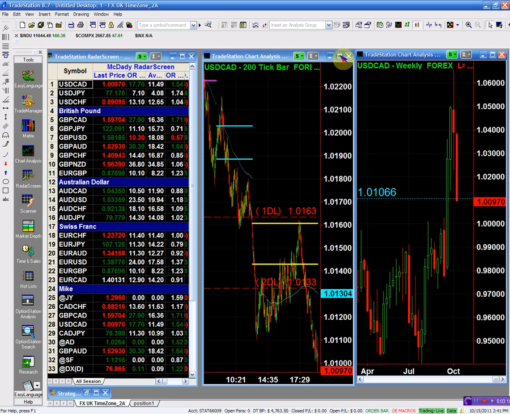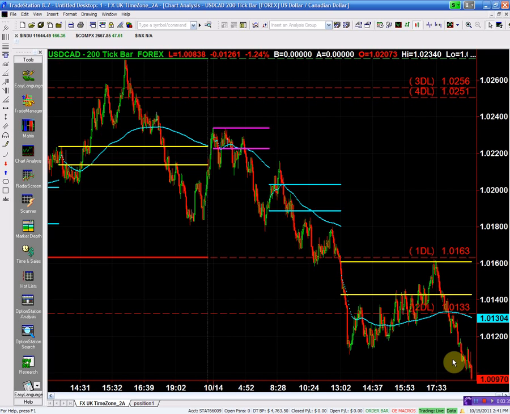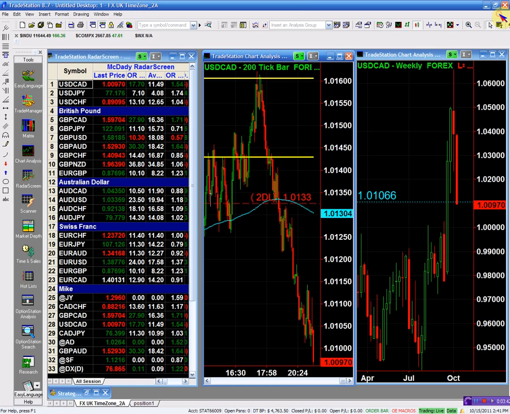So what this says to me and to you guys is that the 101.63 is quite a significant level, but the only thing that is cautioning me is that this thing closed at the low, and we should have had a big capitulation. So with that, we're going to trade it this way.